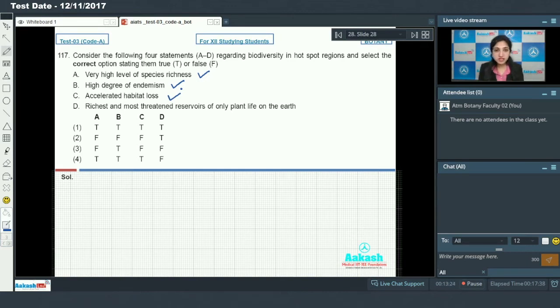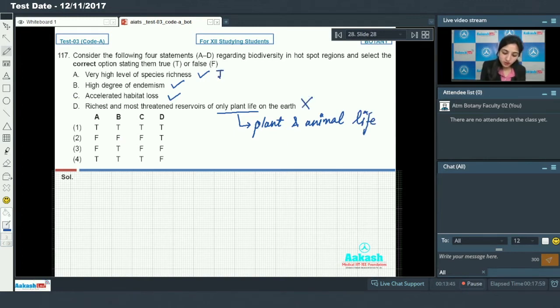No, we have just discussed that hotspots are richest and most threatened reservoirs of plants and animal life on earth. It is not only plant, it is both plant and animal life. So this is false. So by analyzing all the options, first is true, second is true, third is true and fourth is false. So the answer to this question is option number 4.